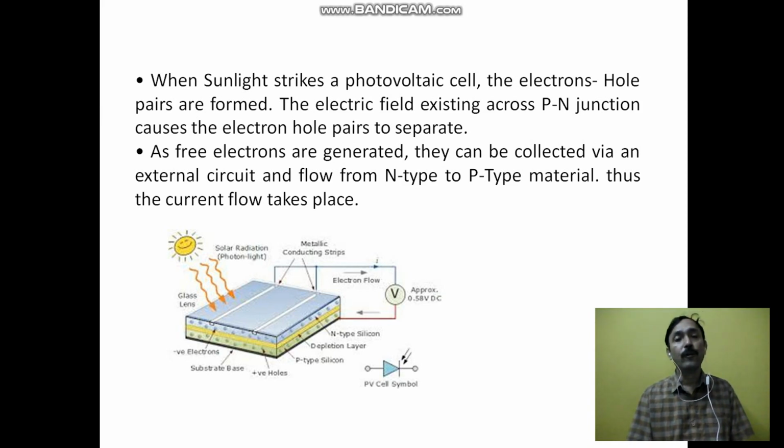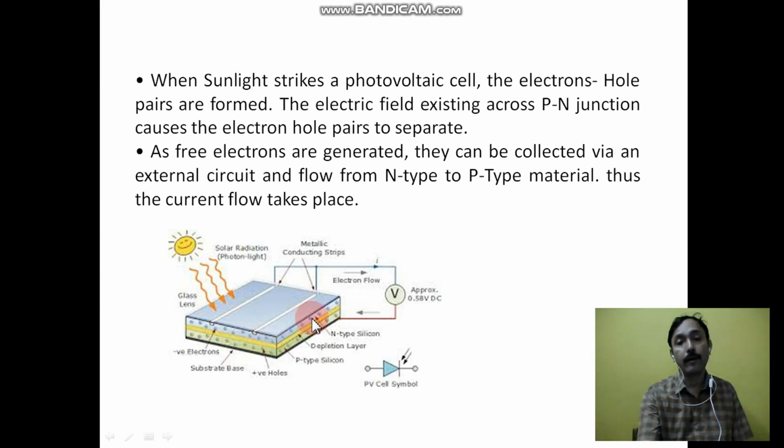As free electrons are generated, they can be collected via an external circuit and flow from the n-type to p-type material. Thus, the current flow takes place. Here, on the upper surface, there are metallic strips, which are connected with the circuit.